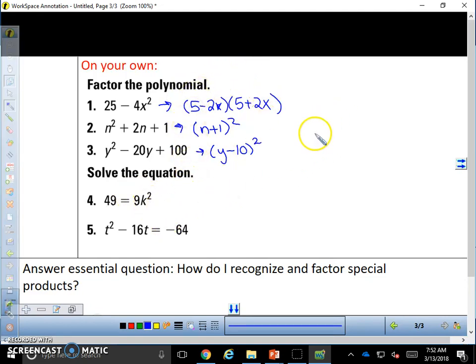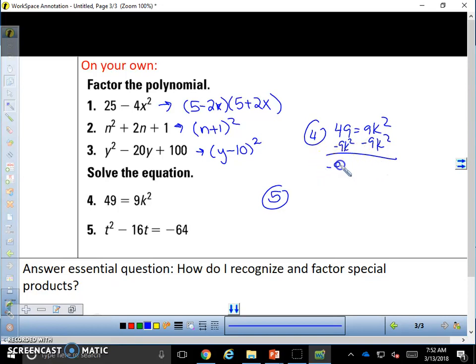I'd really like to go over 4 and 5 together, because here's the big picture that we want to get to, is solving for x-intercepts. 49 equals 9k squared. We're going to take away 9k squared from both sides, so we can use that zero product property. It will really make life a lot better, okay?